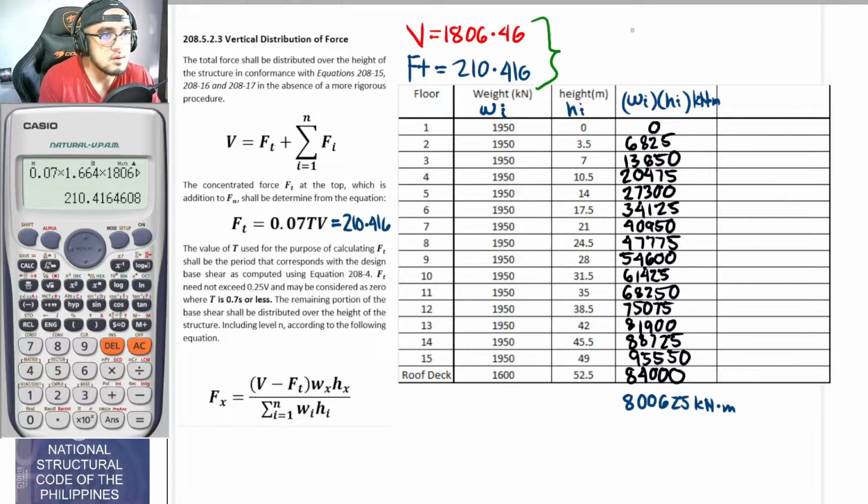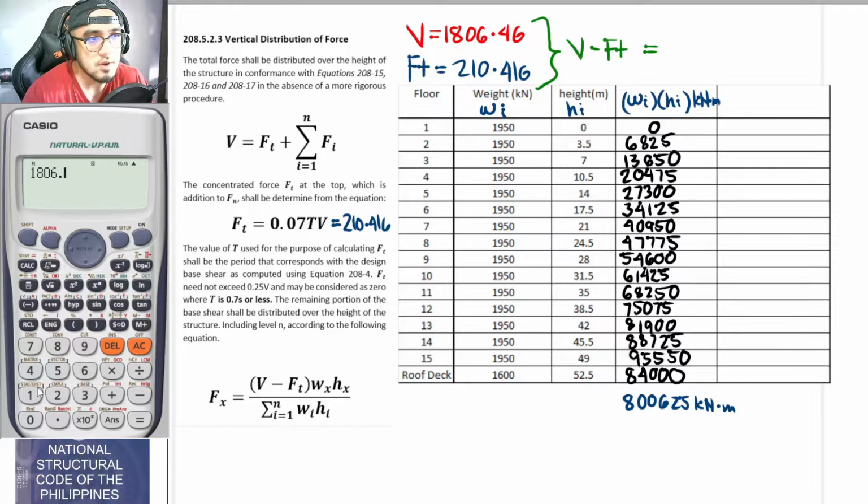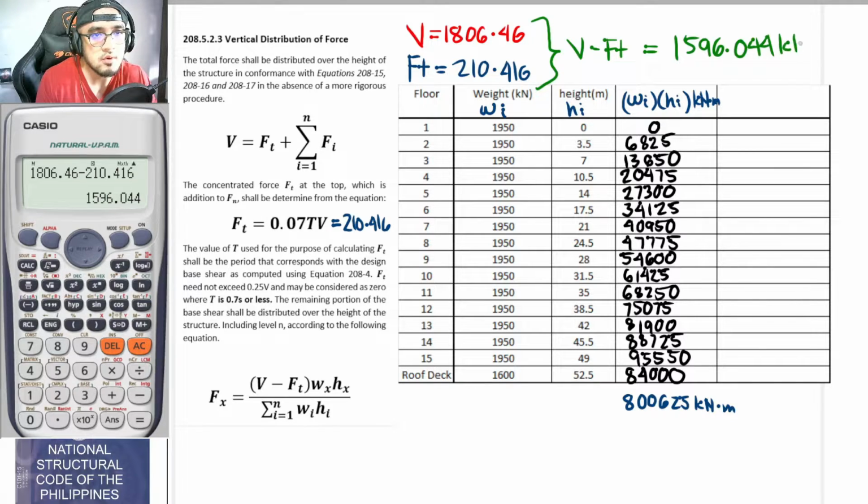So if I am to subtract both of this, V minus Ft, 1806.46 minus 210.416, our answer here would be 1596.044 kilonewtons.